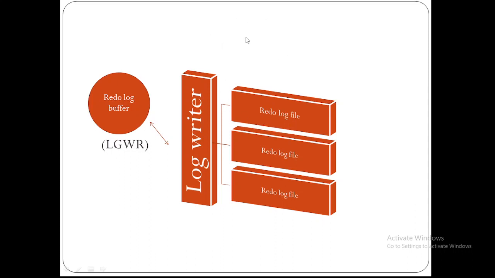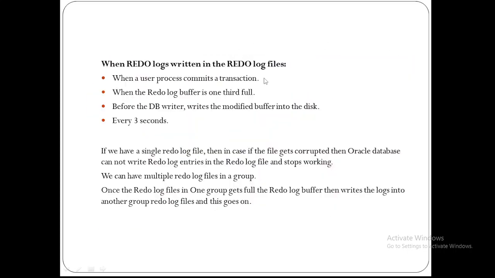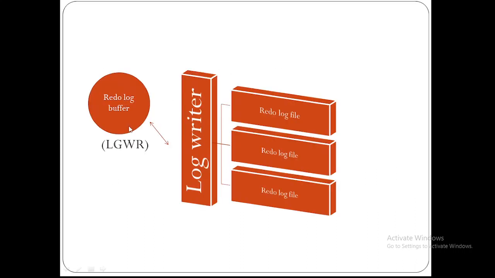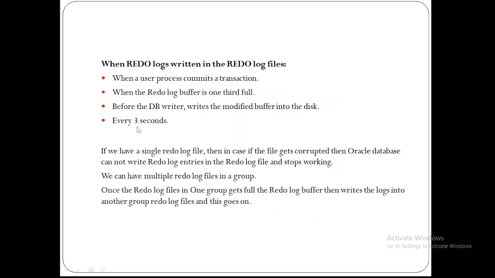Before the DB writer writes the modified buffer into the disk, the log writer writes the redo log files, or every 3 seconds, whichever is earlier, whichever condition is met, the log writer writes the redo log files.